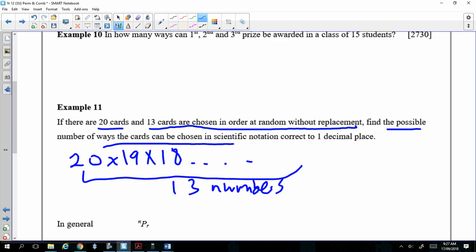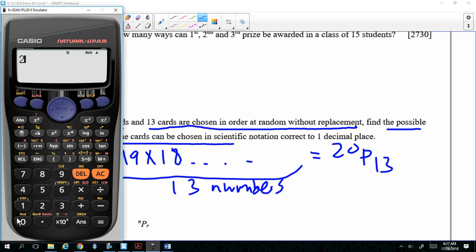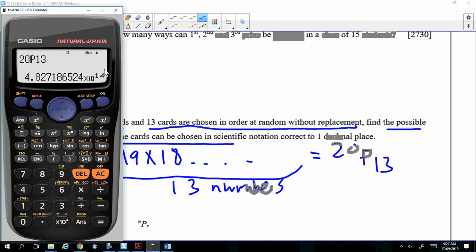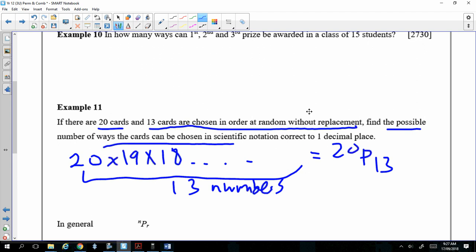So you just do 20P13 on your calculator: 20, shift, times, 13, which is a massive number. We're not going to get into that. That's how many ways of arranging 13 cards from 20 cards.